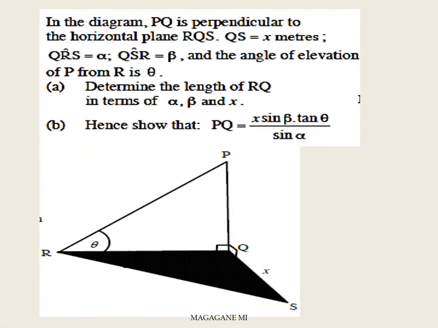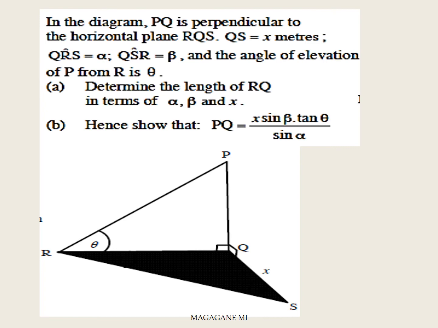In the diagram, PQ is perpendicular to the horizontal plane RQS, and QS is x meters. Angle QRS equals theta, angle QSR equals beta, and the angle of elevation of P from R is alpha. In this problem we were not given the size or the length of sides.